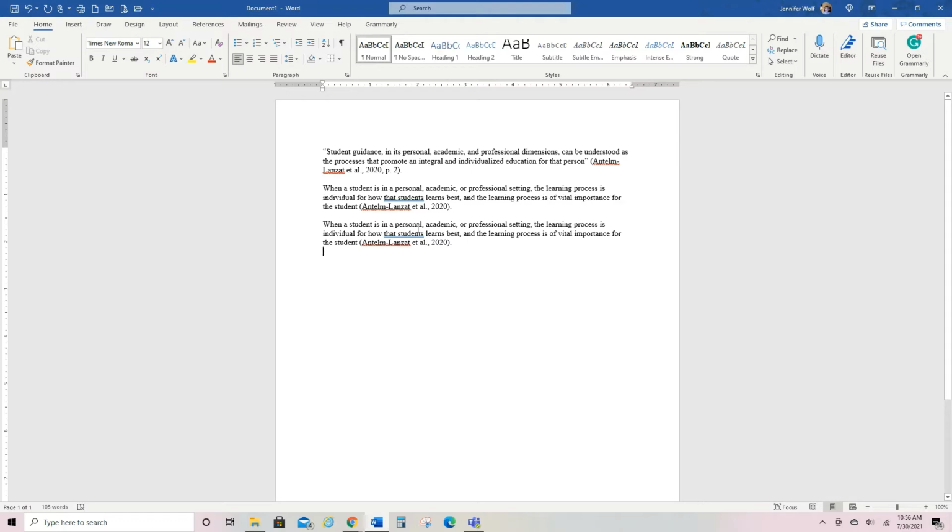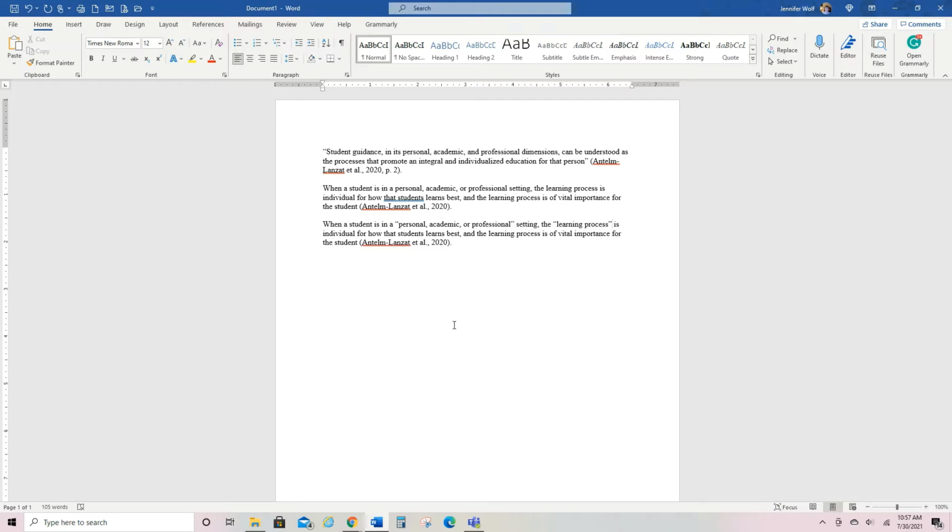They're not anything that this author particularly coined a phrase or made up for themselves, but I am using the exact same words in the exact same order. So I could put quotation marks around those 3 words. And I could put quotation marks here, the learning process. But again, these are all common words. So I don't necessarily have to put quotation marks.